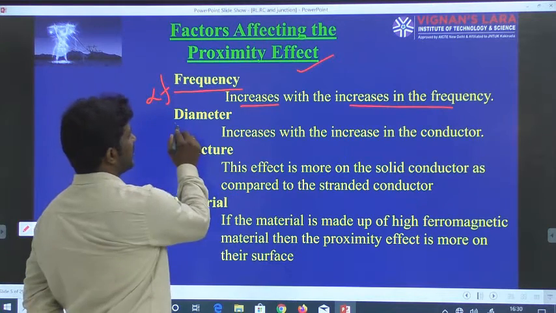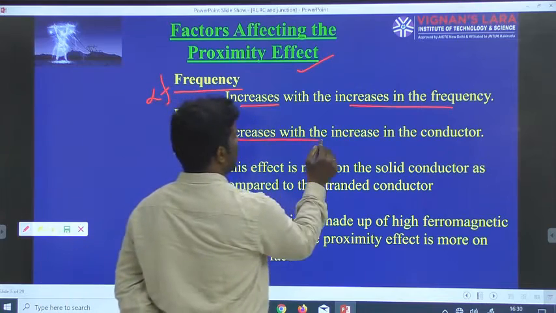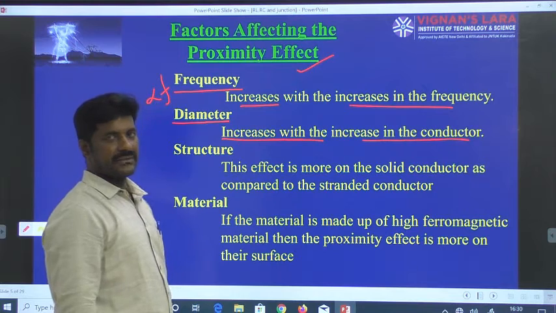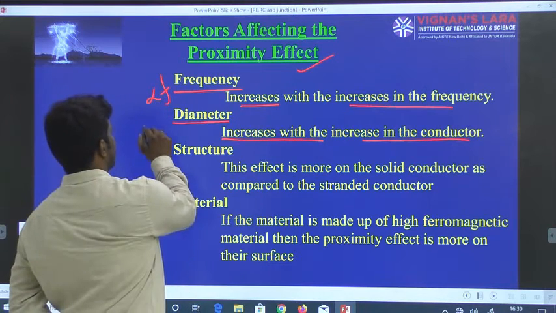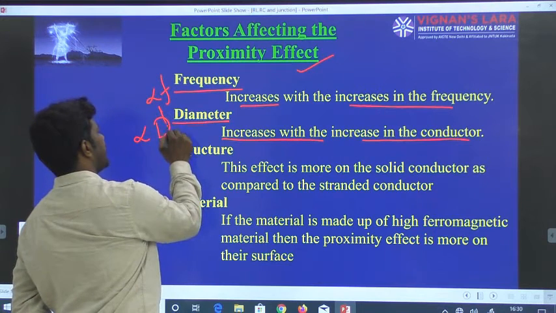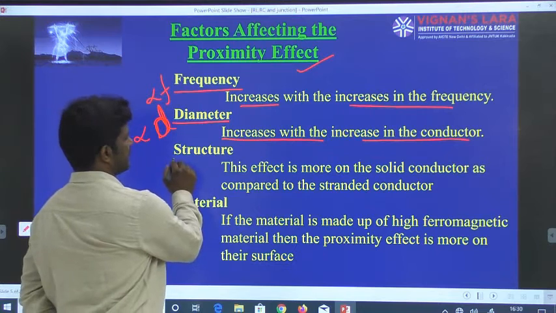And it also depends upon the diameter, similar to our skin effect. So the proximity effect increases with increase in the conductor diameter. Therefore, it is directly proportional to the diameter of the conductor. We will call it a small d. And next, the structure.